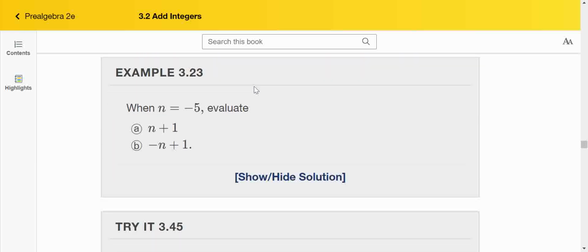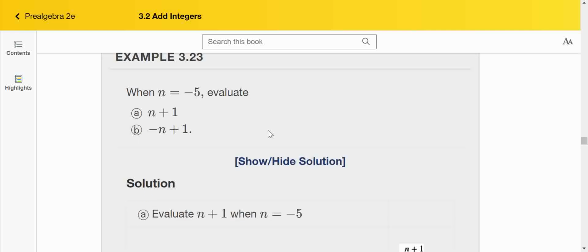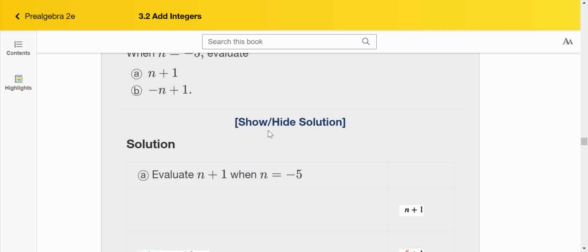Example 3.23. When n equals negative 5, evaluate for A, n plus 1, and B, minus n plus 1. Solution. So here for A, evaluate n plus 1 when n equals minus 5.